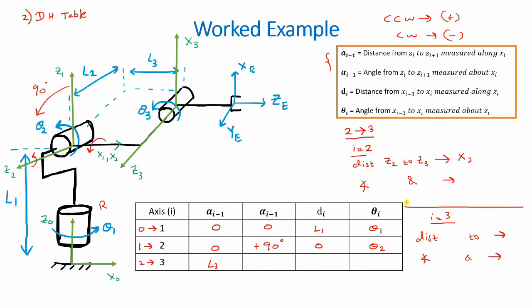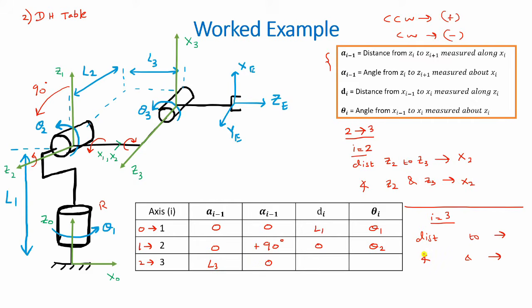Then for alpha_(i-1), the angle z2 would have to rotate to match up to z3 if rotated about x2. That is anywhere in this direction. As they're both pointing in the same line and are parallel to each other, this angle would be 0.